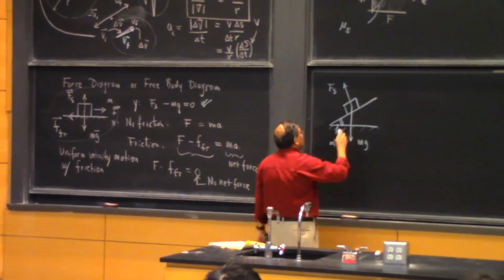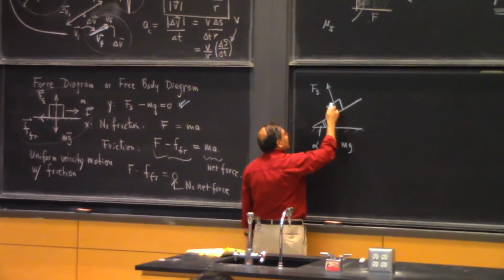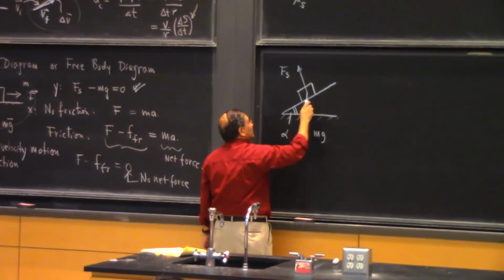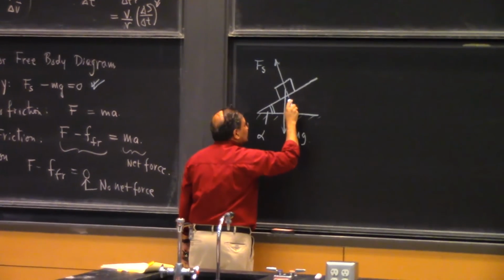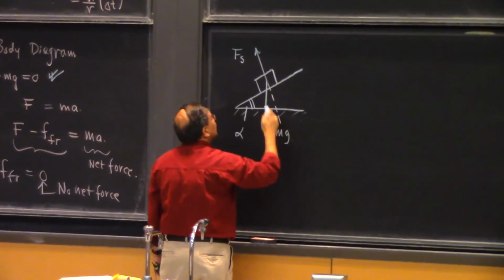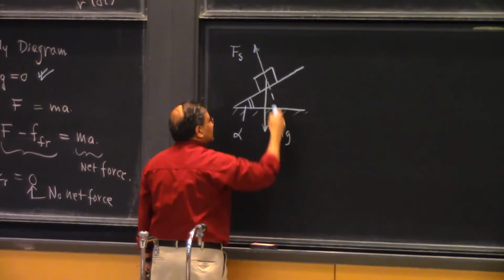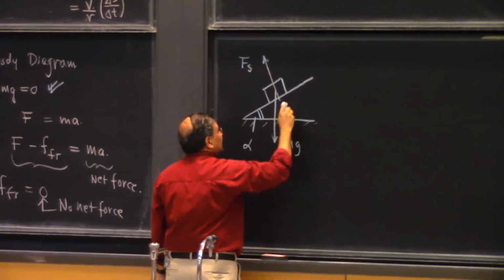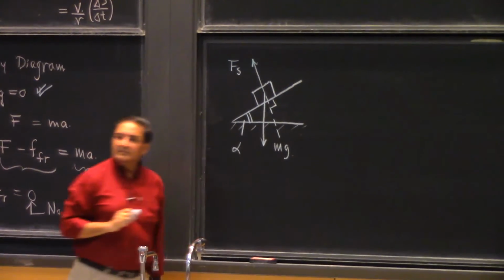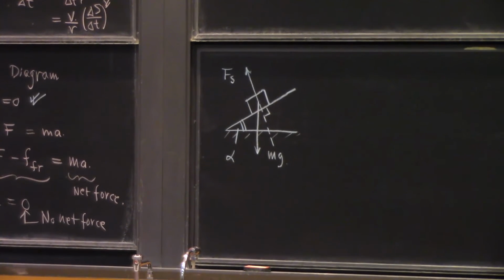So what we'll do is we'll say, okay, fine. So this is the direction, this is the normal force to the surface. So I'm going to extend this line. So clearly, this line here is perpendicular to the incline, right?